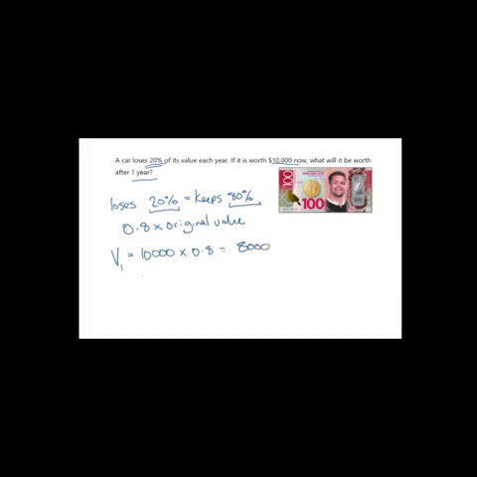Okay, let's take it a bit further. What about after 3 years? Well, after 3 years, it's going to be $10,000, what we started with. It loses 20% after the first year, and then it loses another 20% the second year, and then it loses another 20% the third year.